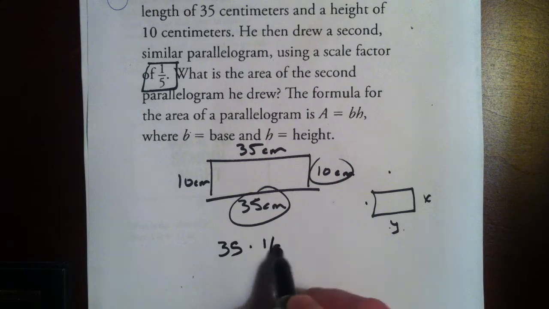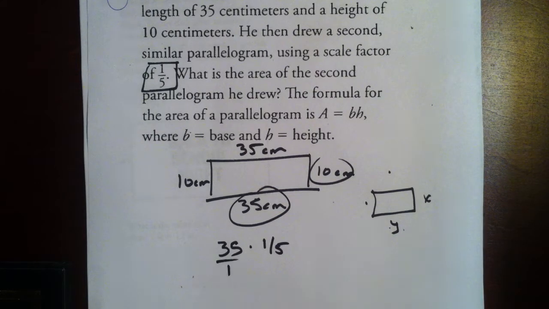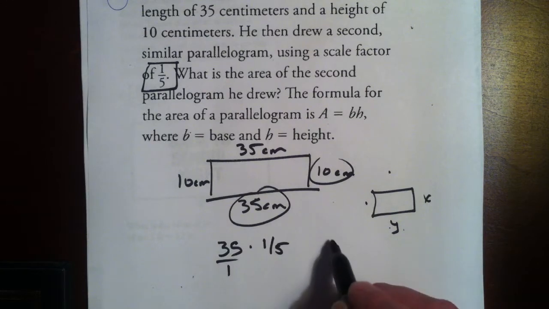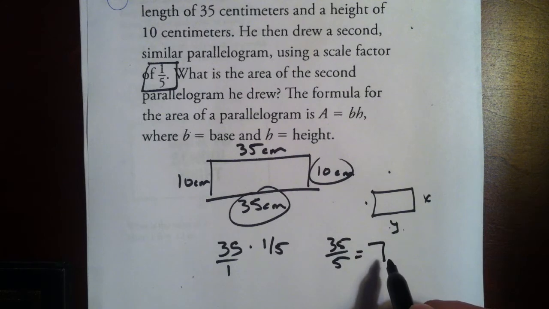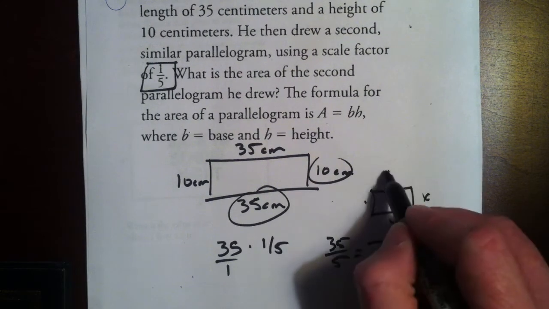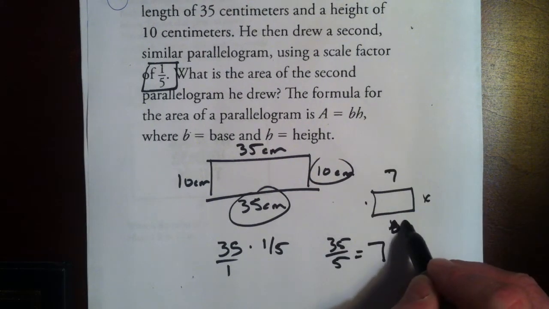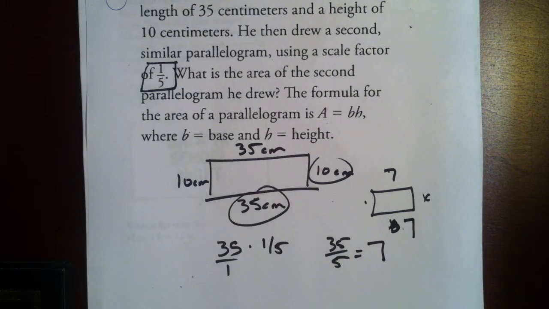times 1 over 5. Well, we can do that by saying 35 over 1 times 1 over 5, which is 35 over 5, which is 7. So we've got 7 on top, and we also have 7 on bottom because they're the same.